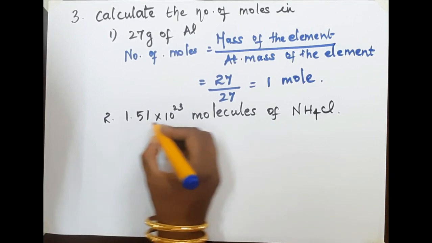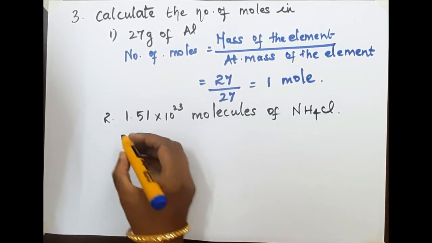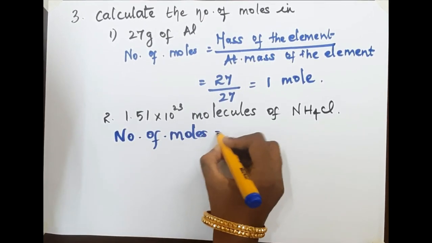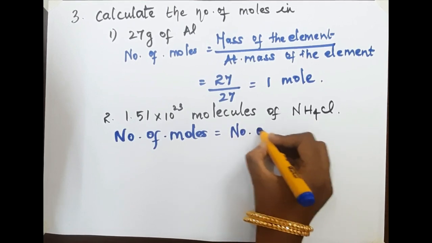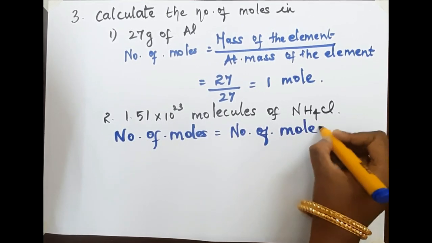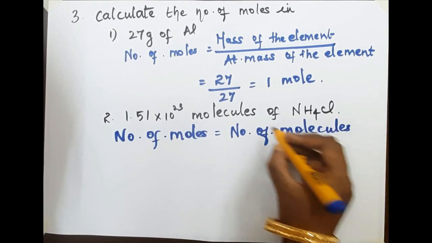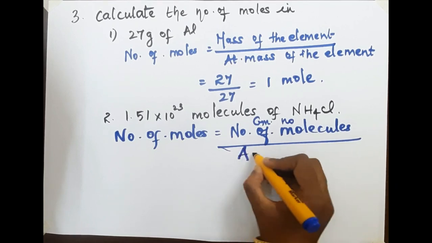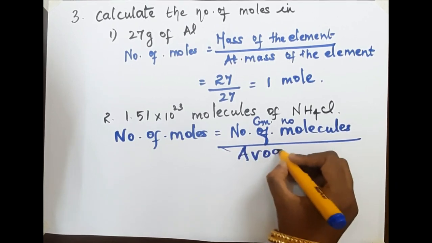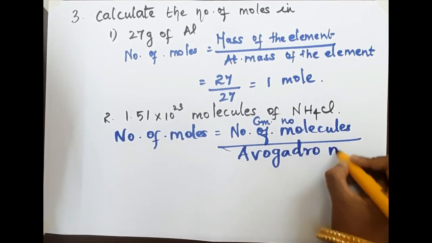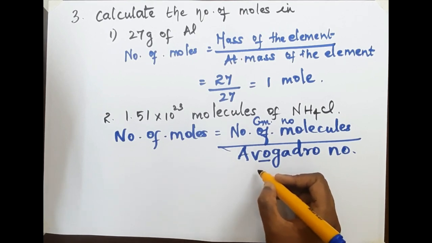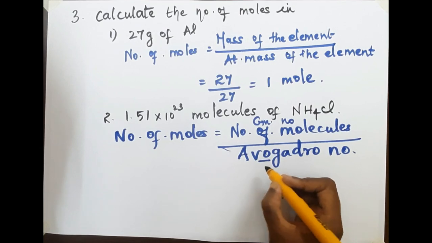See here we have the number of molecules, so the formula changes here: number of moles is equal to given number of molecules divided by the Avogadro number. Be very careful with the spelling, children. Avogadro number, when we pronounce it we use the name as Avogadro, so be very careful.